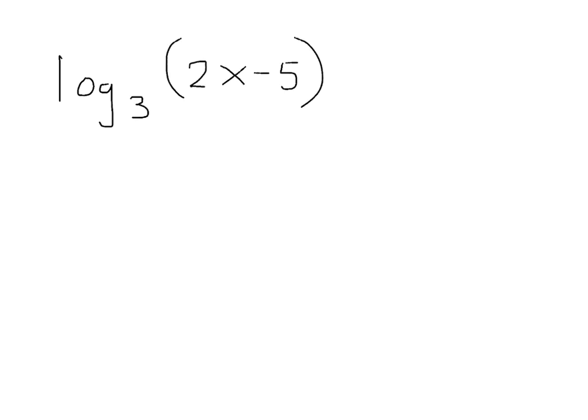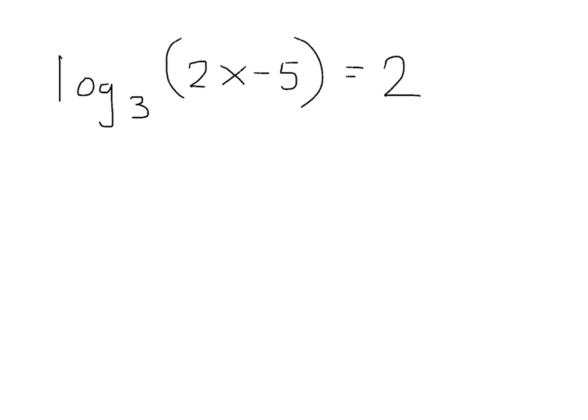The next one. If I have log base 3 of 2x minus 5 equals 2. Now, the first thing that you always want to do is get it so that there's only one log in the problem, which there is, so that's great.